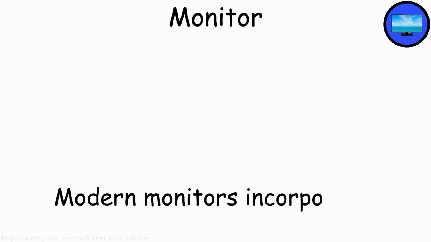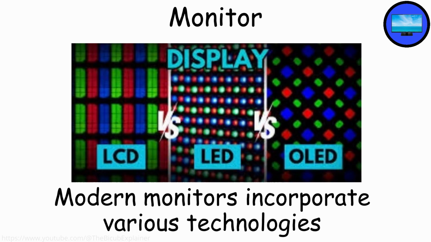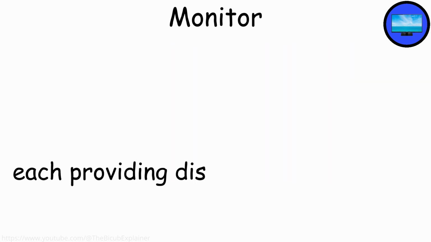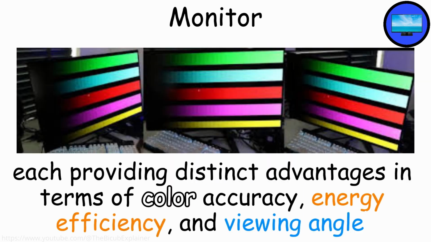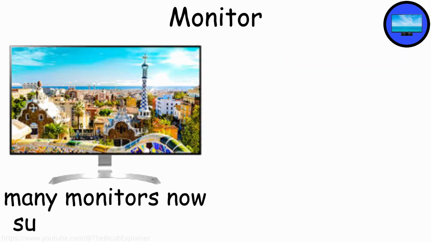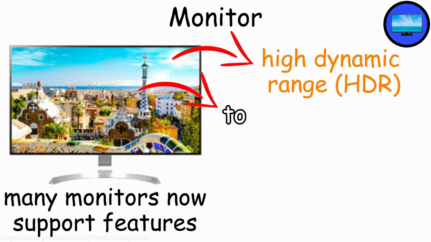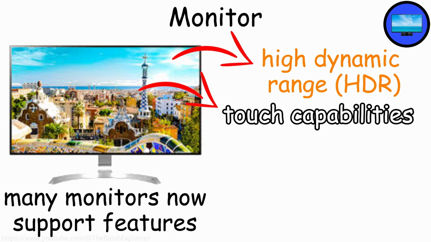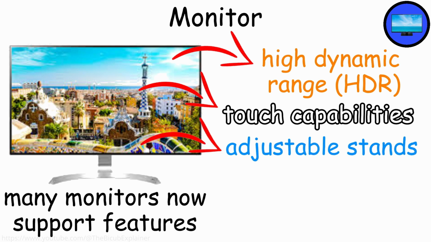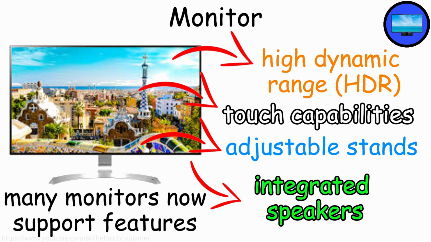Modern monitors incorporate various technologies including LCD, LED, and OLED, each providing distinct advantages in terms of color accuracy, energy efficiency, and viewing angles. Additionally, many monitors now support features like high dynamic range, HDR, touch capabilities, adjustable stands, and even integrated speakers, making them versatile for gaming, professional design work, and everyday use.